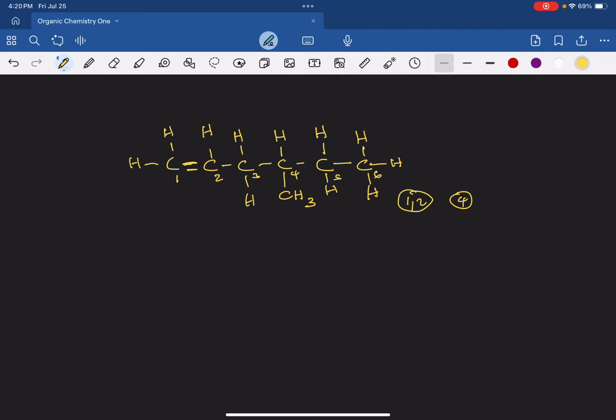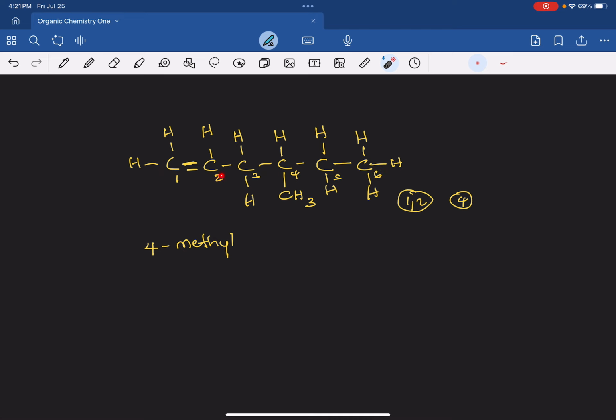So to name this, of course, you list your substituent. Your substituent is methyl, so it's on carbon 4. 4-methyl, right? And if you're in alkenes right now, it means you know how to name alkyl groups, etc. We have 6 carbons in the longest chain here, so it's hex, right?